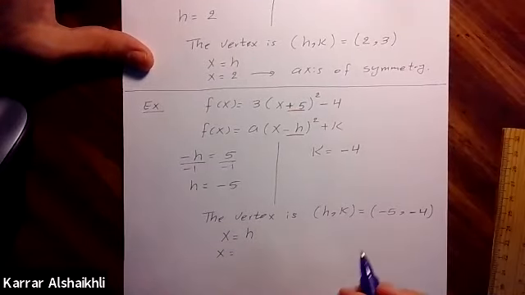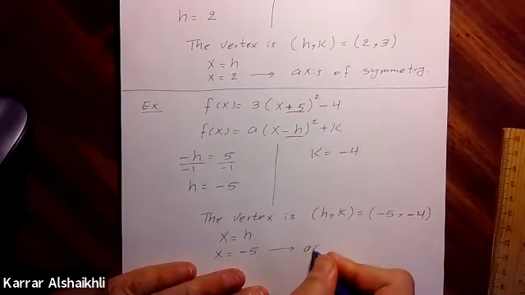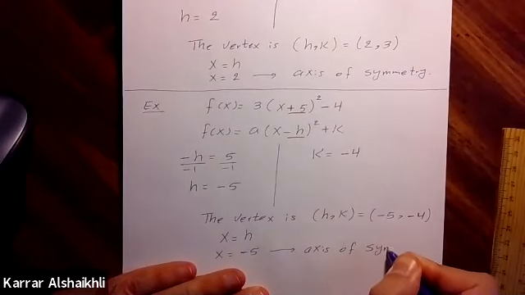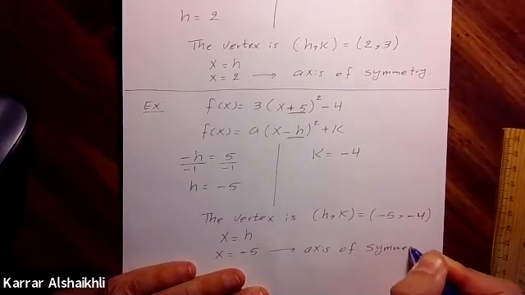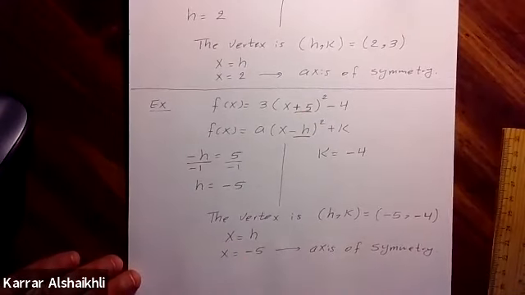So x equals, the h is -5. This is the axis of symmetry. That's it for this example.